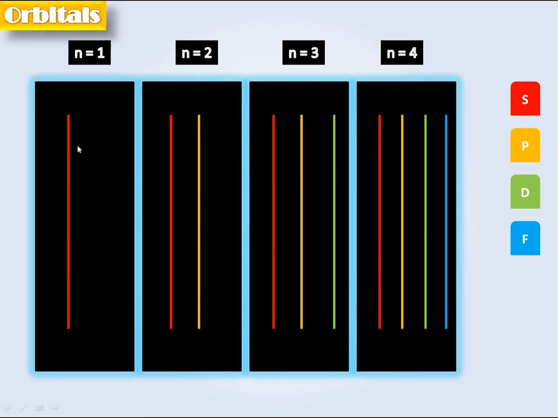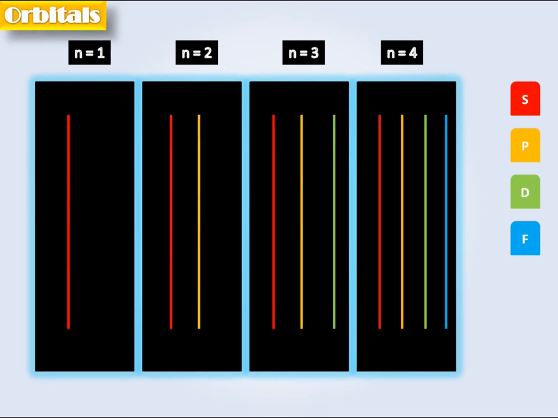The orbitals are found within sublevels, and the sublevels are found within energy levels. So orbitals are found within the sublevels S, P, D, and F, and that's the area that contains the electrons. That's the final stopping place for electrons. You get me? So keep that in mind.